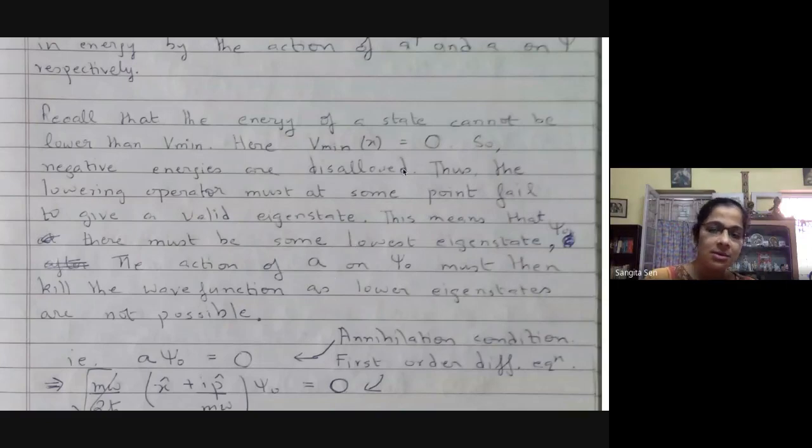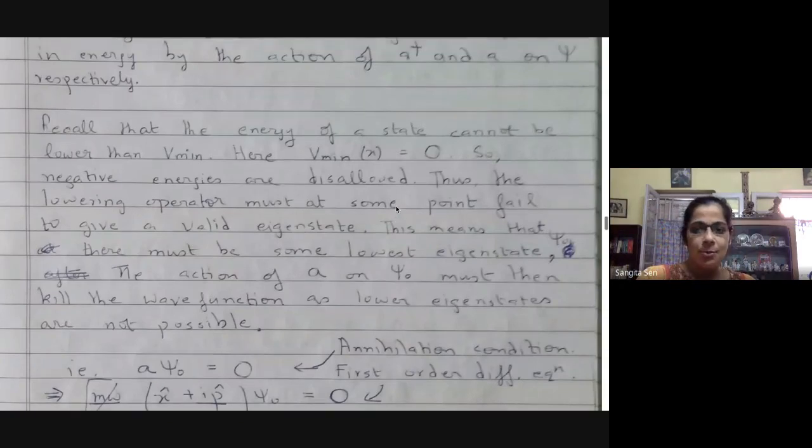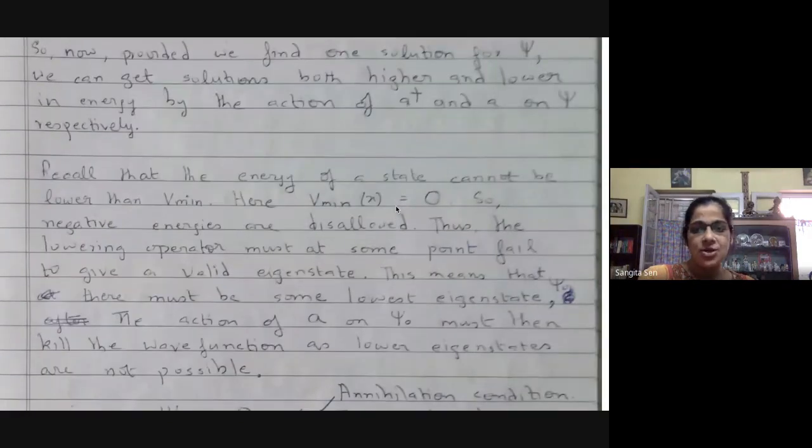Now here the minimum value of the potential is 0. So in the first place, the negative energies are disallowed. So once the energy of the state hits 0, the wave function must disappear somehow.